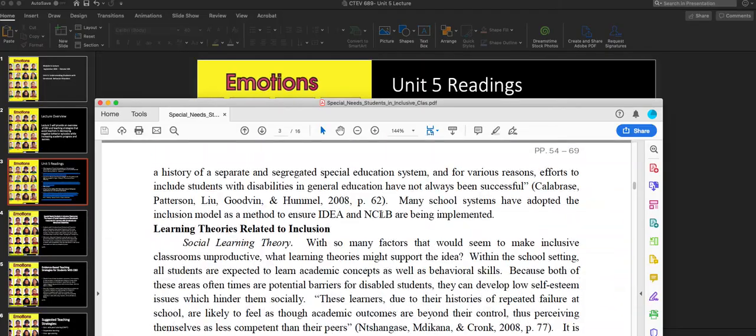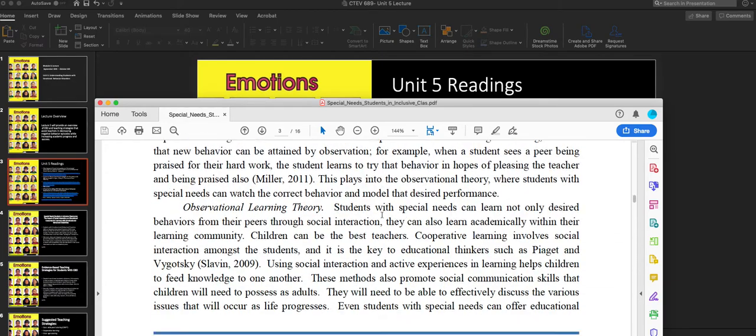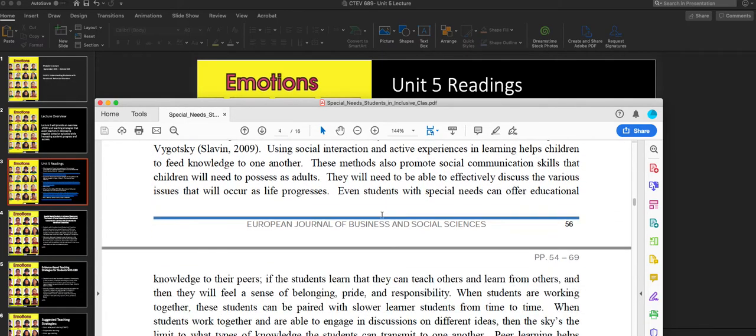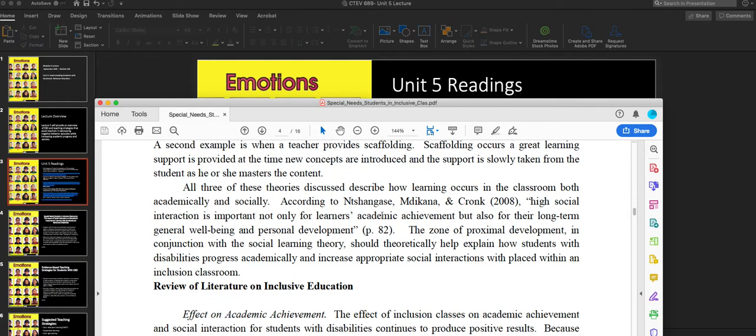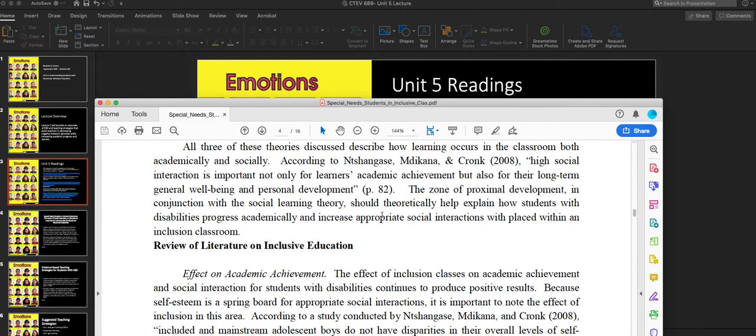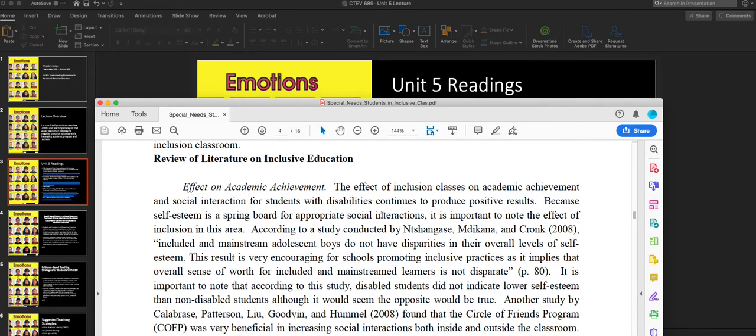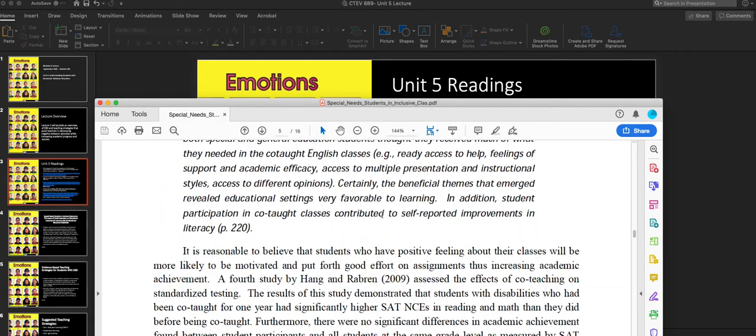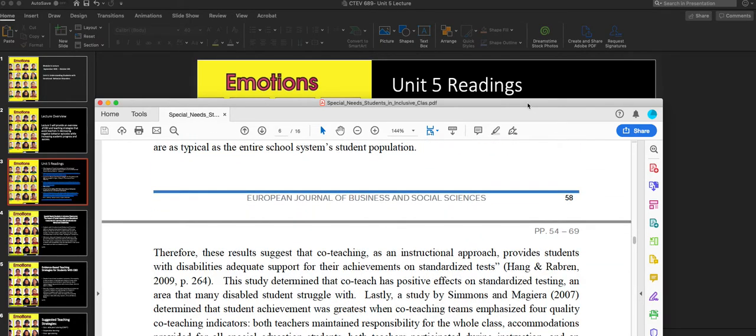So it goes over the literature, theories related to inclusion. It also talks about observational learning theory, guided learning theory, a review of literature on inclusive education overall, and then it goes into some useful tips.